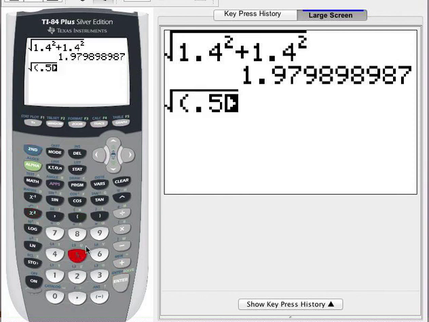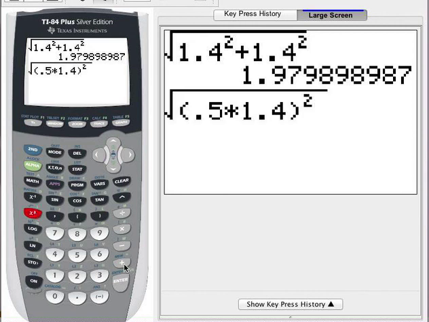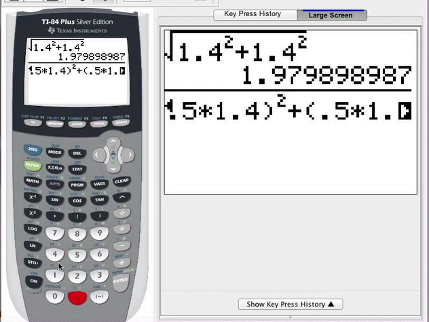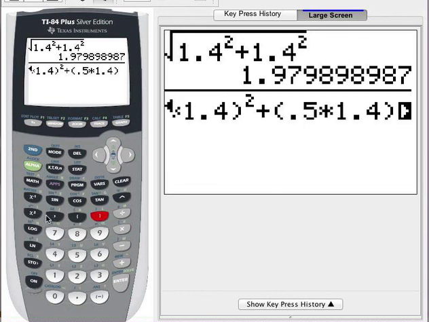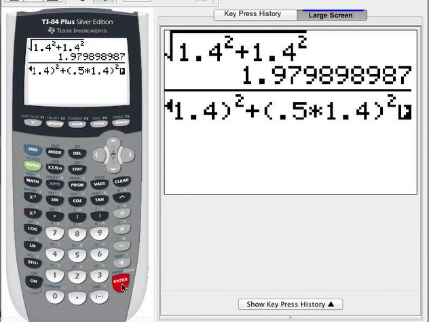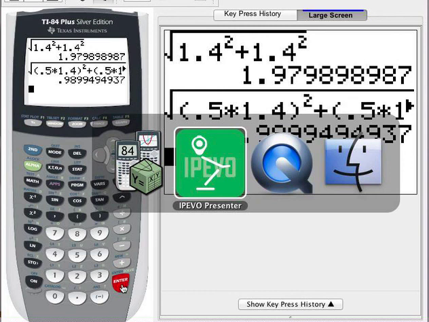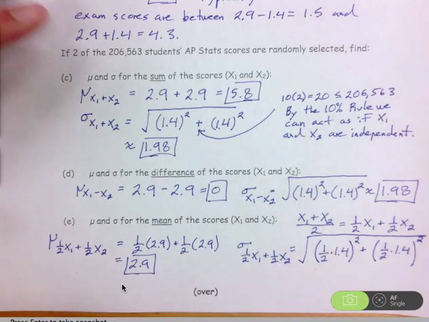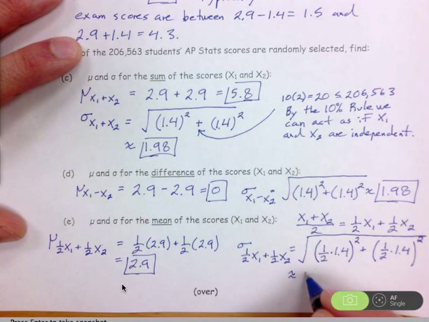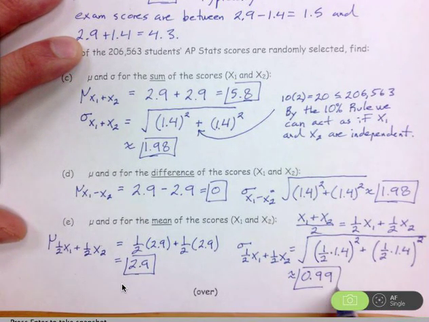I'll just do 0.5 times the 1.4 plus same thing. That 1/2 we'll just write as 0.5 times 1.4. We'll close our parentheses and square that. We'll be in good shape. So our standard deviation is right around 0.99. There we go.